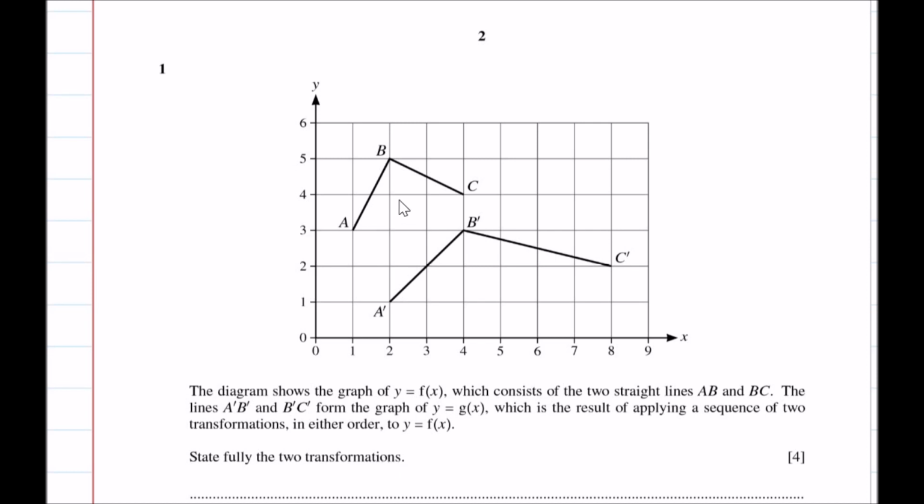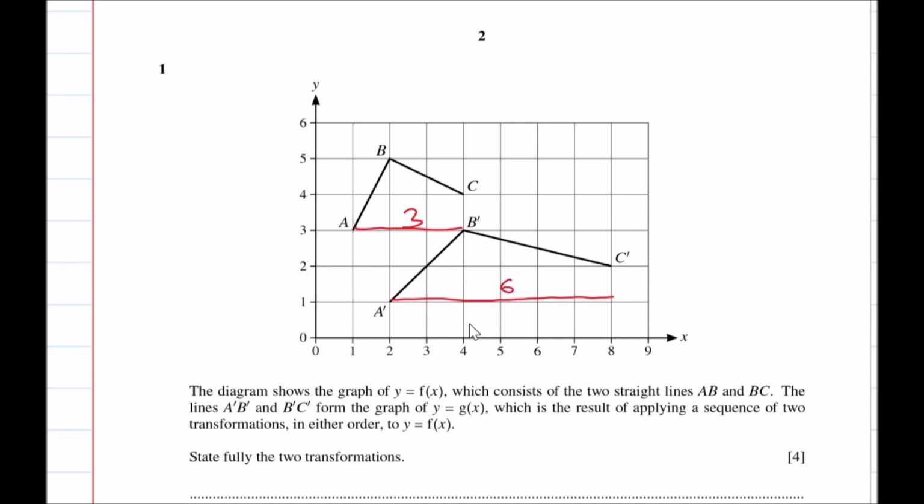What we have here, easily we can notice that it is more stretched out. You can see here, A to C, it's going from here to here. How many units? 3. And A dash to C dash, what is the stretch? 1, 2, 3, 4, 5, 6.